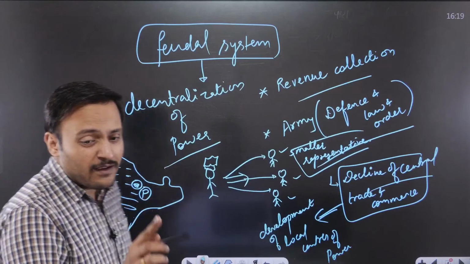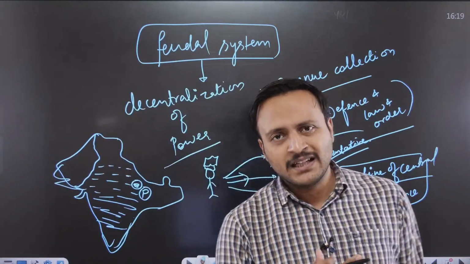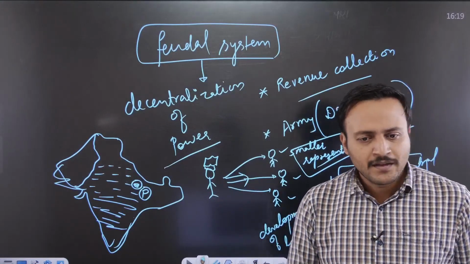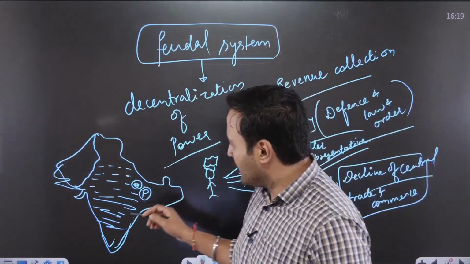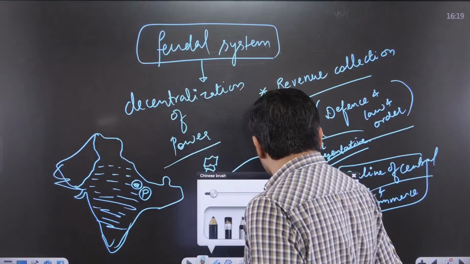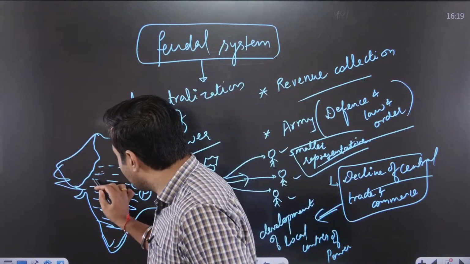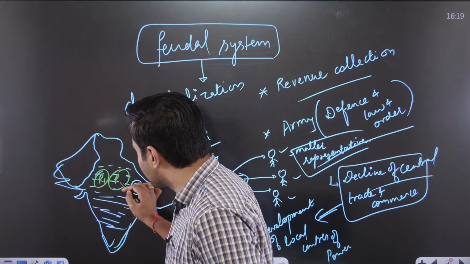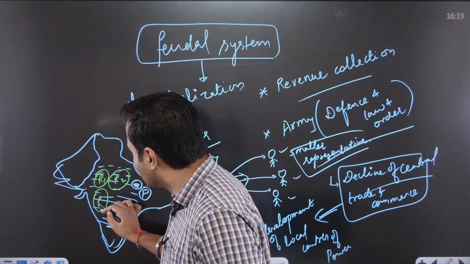Now tell me one thing. What will be the easiest method of ruling this area? Probably the easiest method would be when local rulers are given the responsibility to rule their distinct areas.